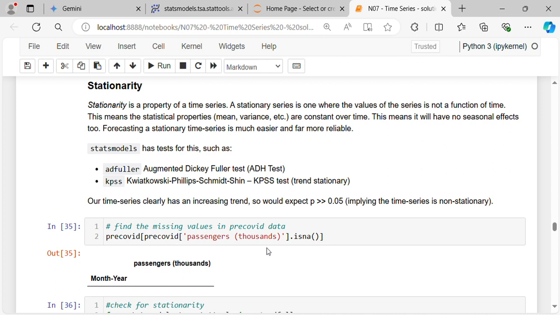And now in this lab we will check the stationarity of the values. Stationarity is a property of a time series. A stationary series is one where the values of the series are not a function of time.